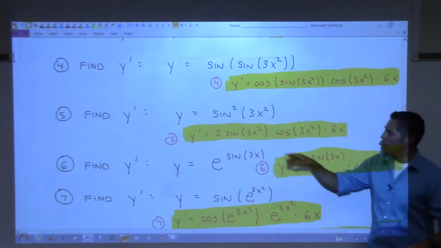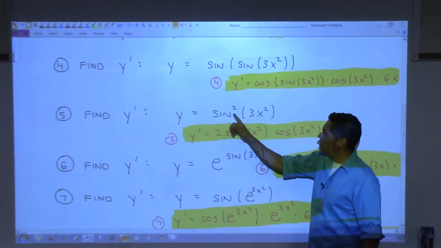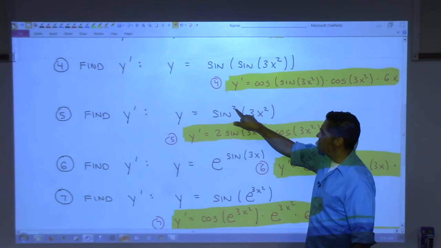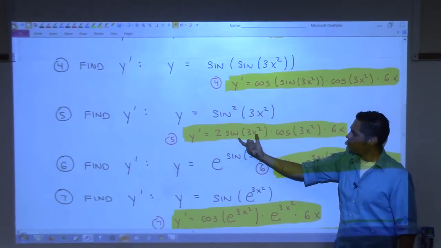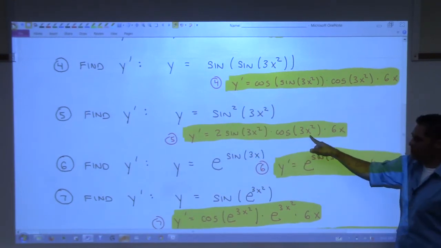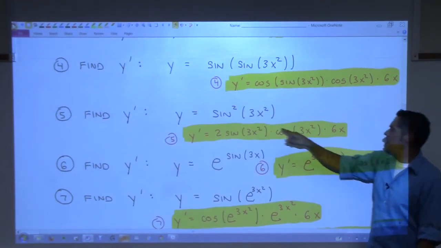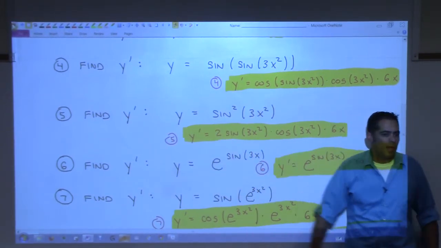And the outer function here is the squared function. That's the last thing happening. So you have something squared. The derivative of that, the 2 comes out, and then you have this right here. And then you take the derivative of the sine of this, which is cosine of it. And then you go inside the sine and take the derivative of that, and that's here. And then yes, you could move this 6x out here, and it would become 12x.